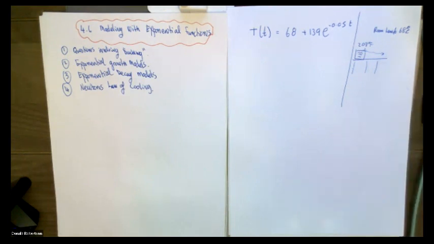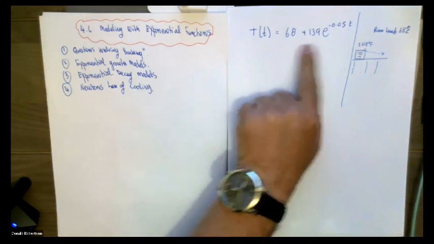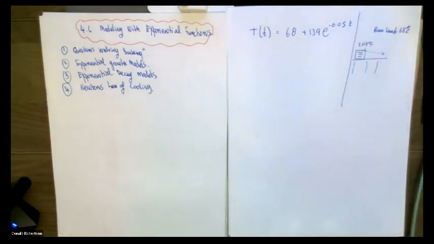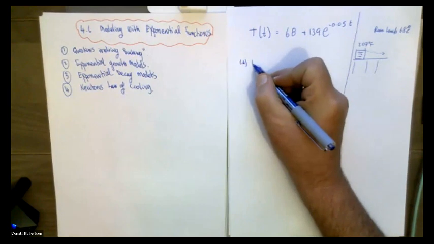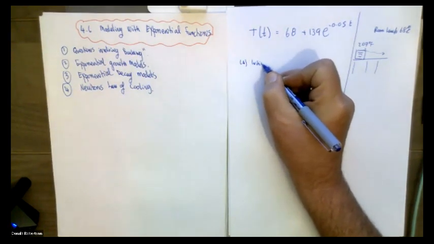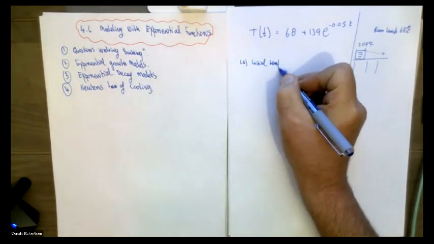It'll finish off its life at room temperature, right? Things just cool down to room temperature. And this quite clever model, this formula, is called Newton's law of cooling because he's the guy who figured it out. So, first question they asked you is, what's the initial temperature of that soup?